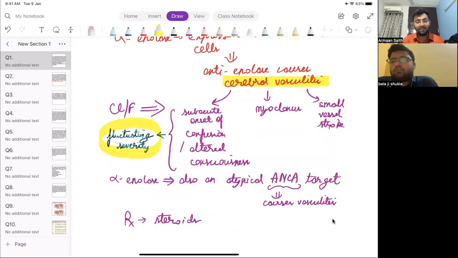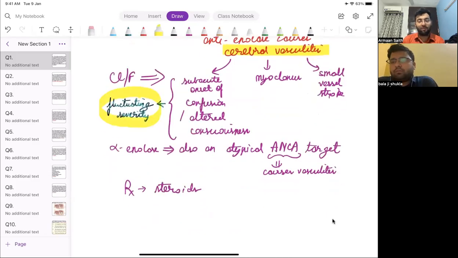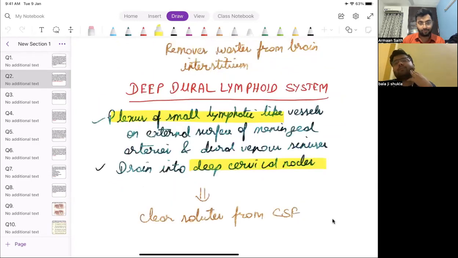It is worth mentioning that alpha-enolase is also an atypical ANCA target. ANCA is anti-neutrophil cytoplasmic antibody. And as we all know, P-ANCA and C-ANCA are found in various vasculitis, and therefore this also causes vasculitis. Treatment is steroids as it is due to autoimmune inflammation, therefore steroids are useful. Now my partner Dr. Balaji will discuss the next question with you.